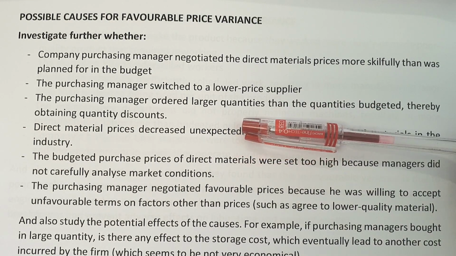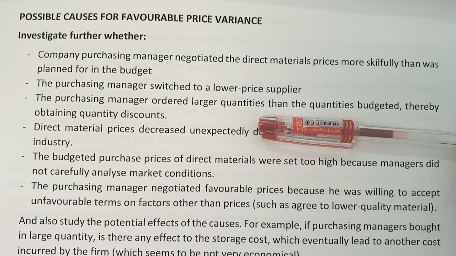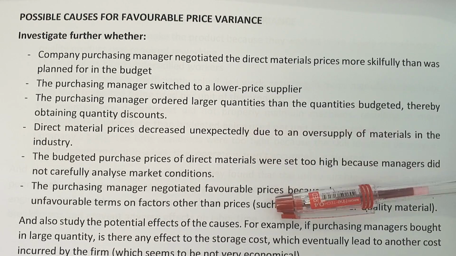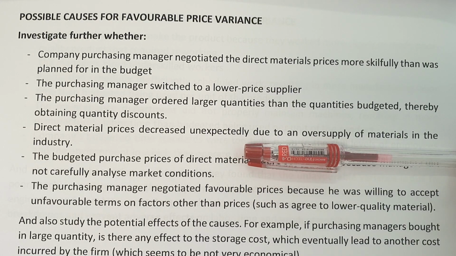The purchasing manager ordered a larger quantity than the quantities budgeted, thereby obtaining a quantity discount. Is this something that happened? The purchasing manager buys in bulk, in large quantity, so that's why we can get a discount. Or the direct material prices decreased unexpectedly due to an oversupply of the material. Or is this the reason?